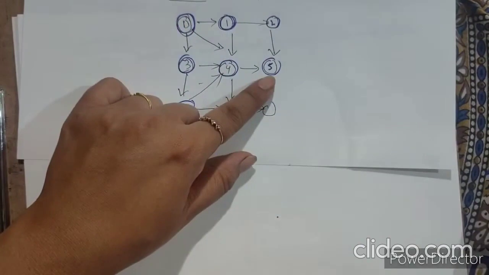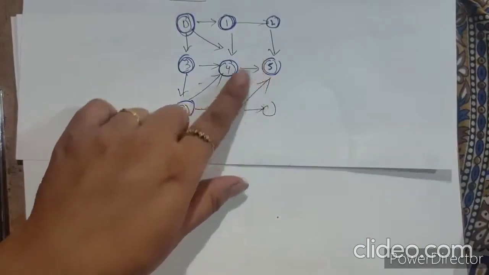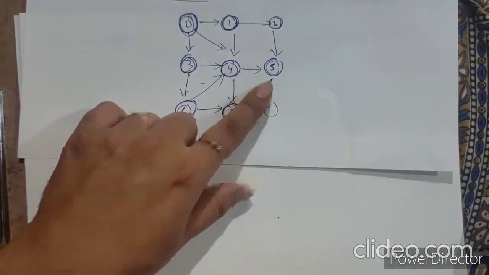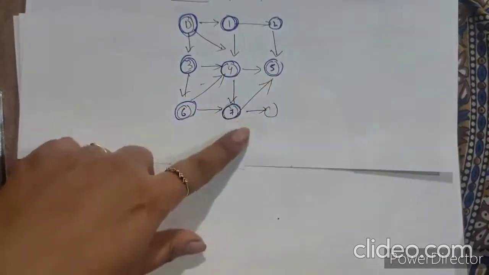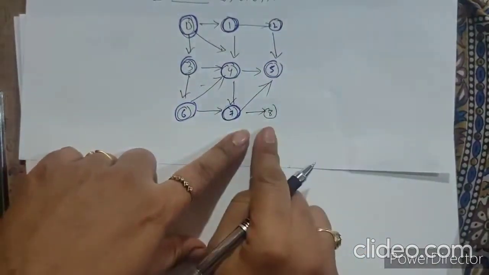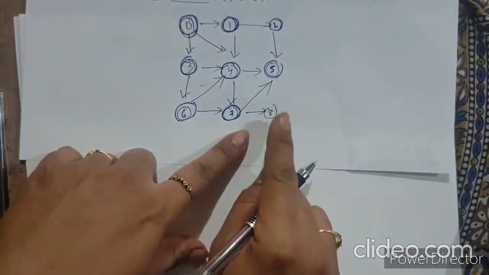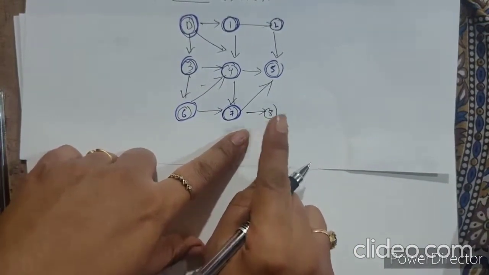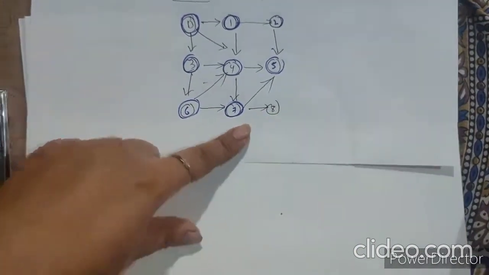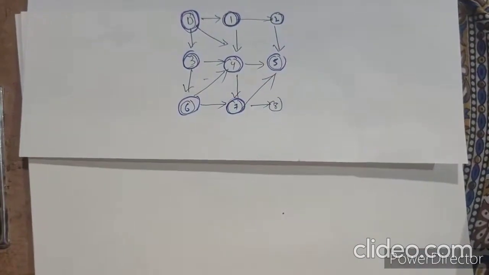Vertex 5 has no adjacent vertex. Vertex 7 has vertex 5 and 8. Out of which vertex 8 has not been visited, so visit vertex 8.